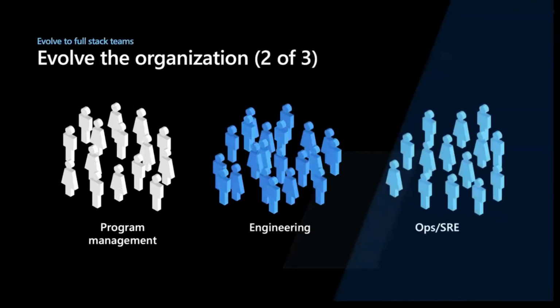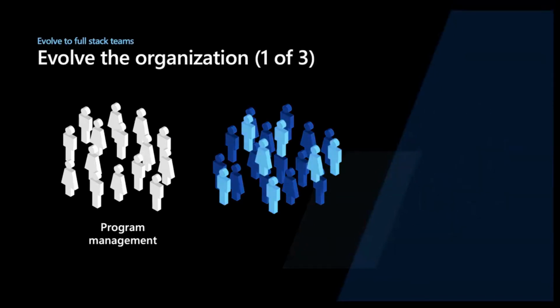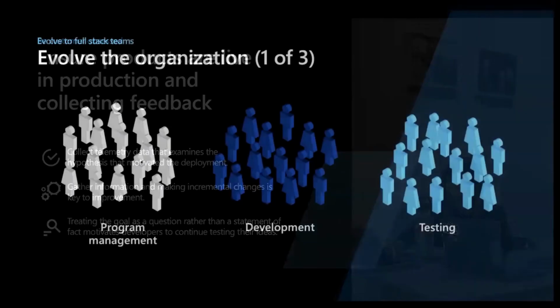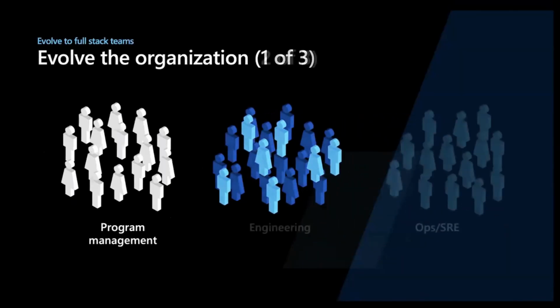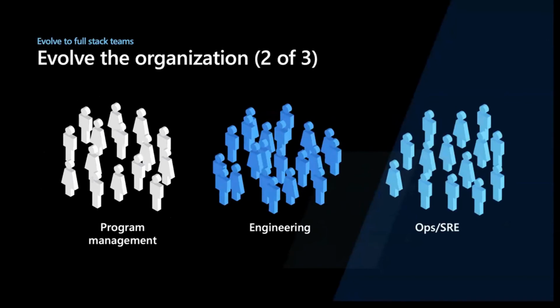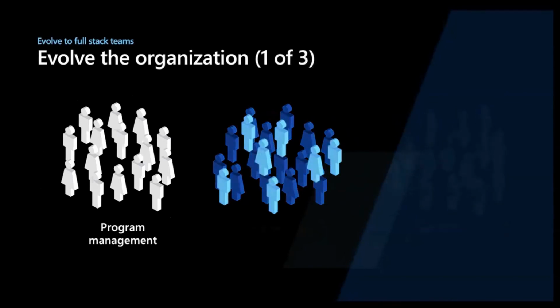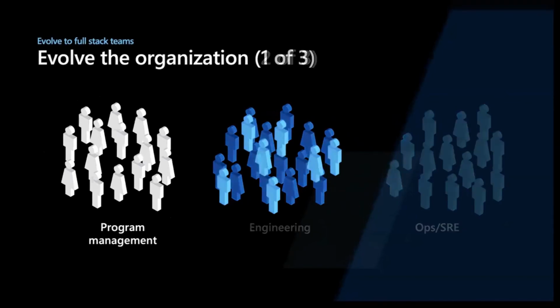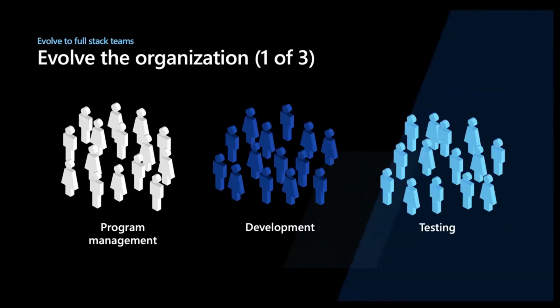Now, a big part of Microsoft's transformation here is about how the various engineering teams have actually evolved over time. So if I just step the slide back here for a moment, what you'll see is originally teams were broken out into various disciplines. We had developers, we had testers, and we had program managers.